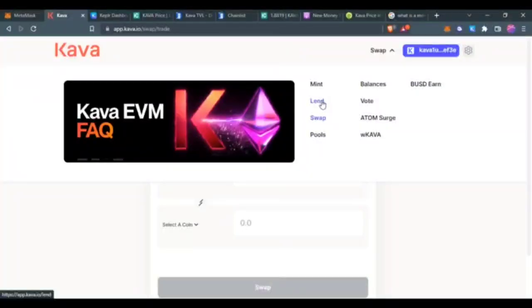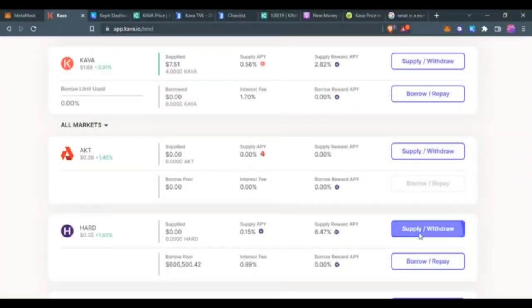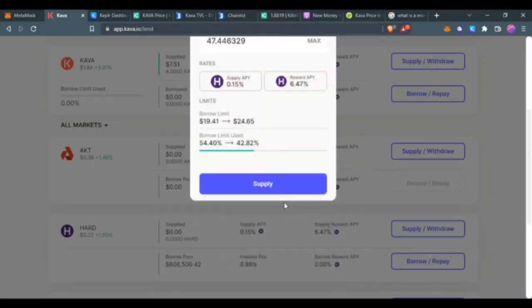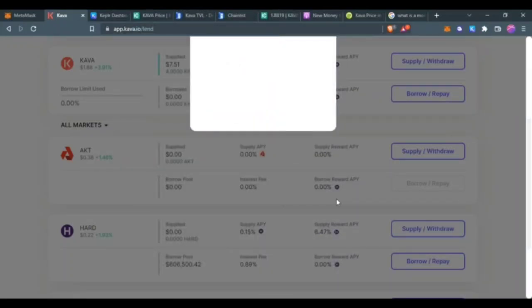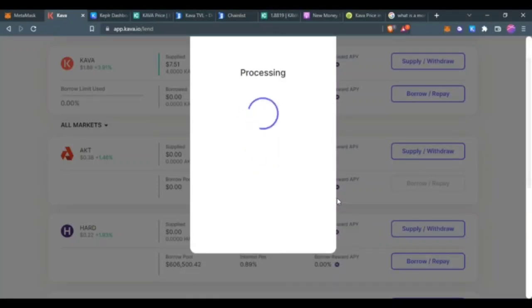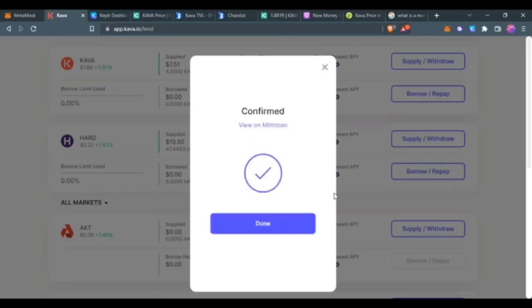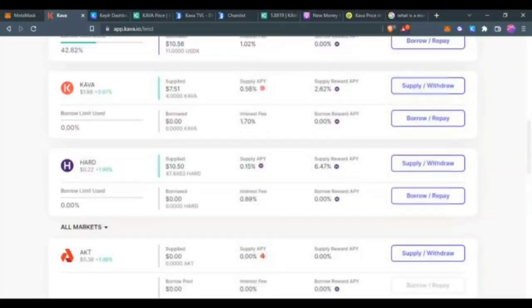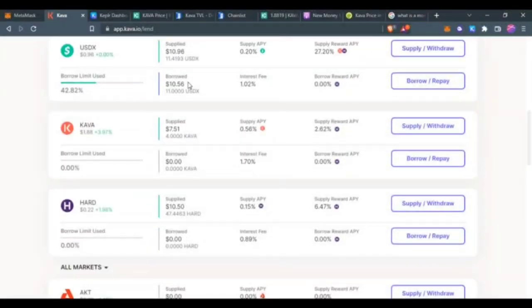So now we go back to lend, and we are now going to supply our hard. So what we're doing now is we're planting seeds, different seeds that are expected to give us an overall yield a lot greater than what is being deposited, should I say.